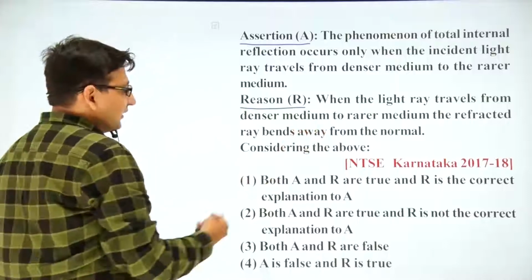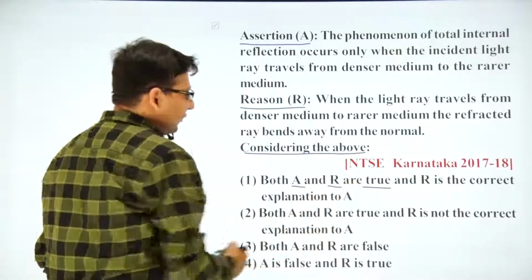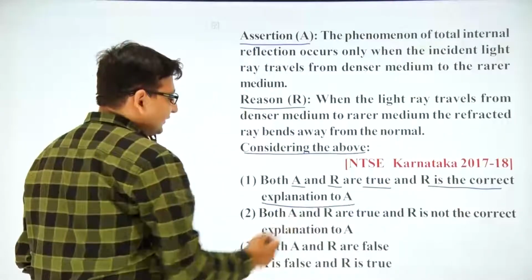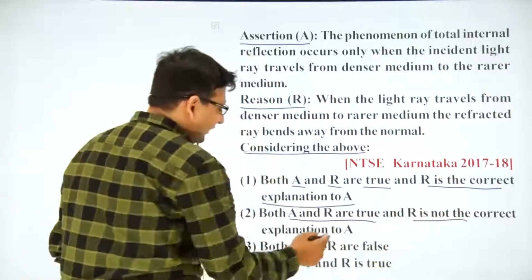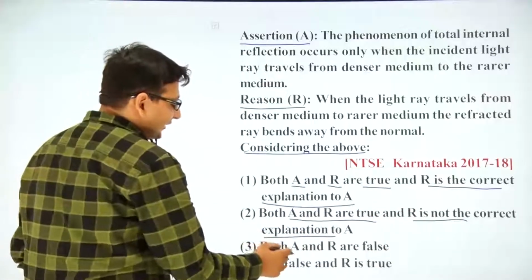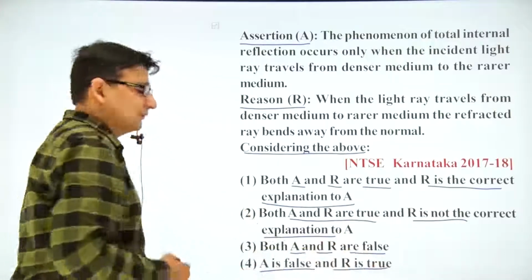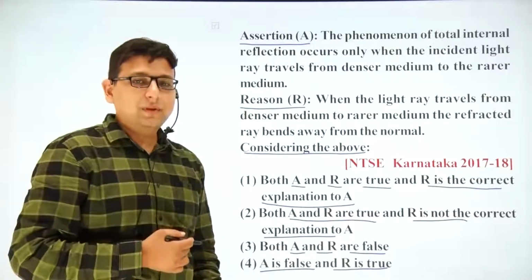So we have to check whether both assertion and reasoning are true and reasoning is the correct explanation, or both are true and reasoning is not the correct explanation, or both are false, or assertion is false and reasoning is true. This is a kind of aptitude type of problem.